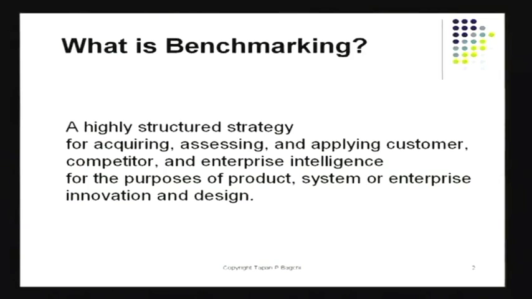You basically establish the gap between where you are and where you want to be. This is what we'll be discussing today. We'll be doing that over two lectures. The first one is going to tell you what benchmarking is, and in the second half we'll discuss how to do benchmarking.